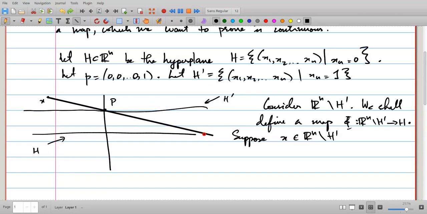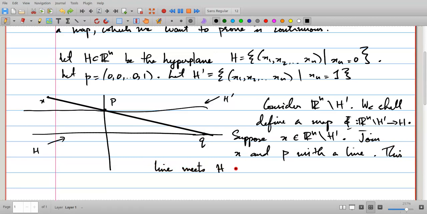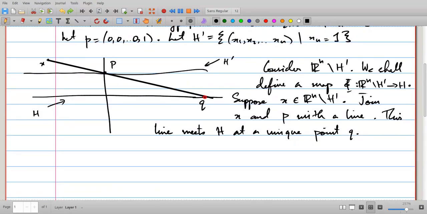So there is a unique line which passes through x and P. And the straight line is going to meet H at a unique point, which we shall call Q. So Q necessarily meets H because x is not in H prime. So we define phi of x to be equal to Q.